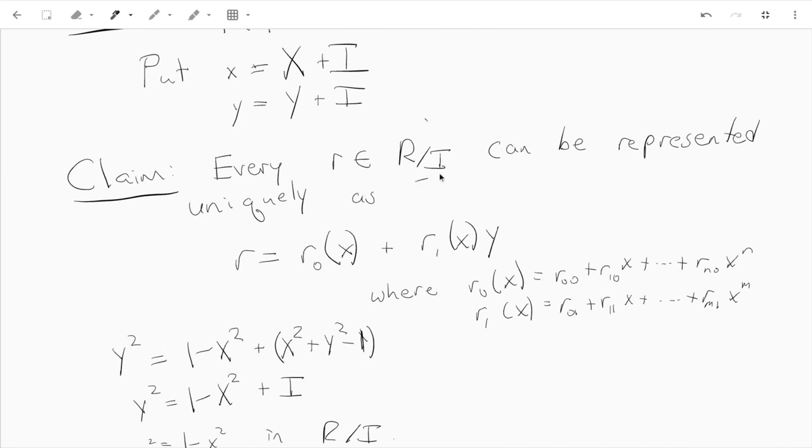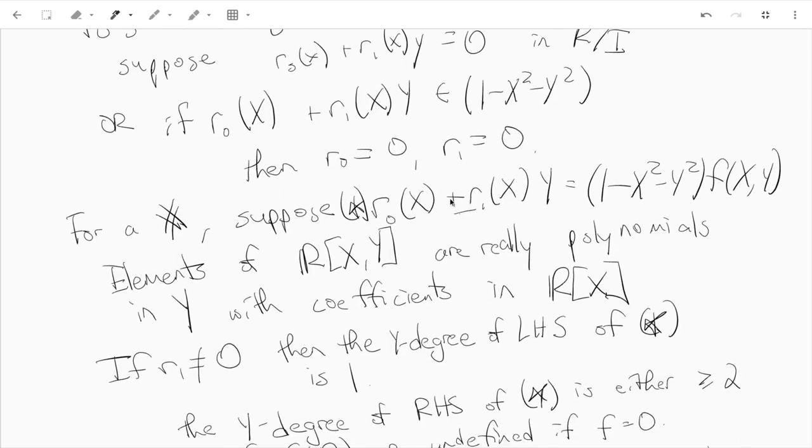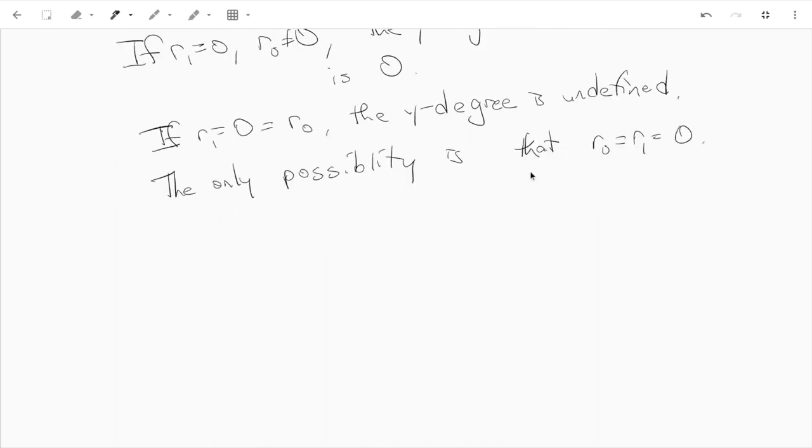To work in R mod I, we just have to work with expressions like this. So this ends the proof of the claim.